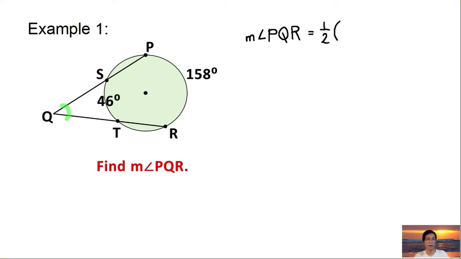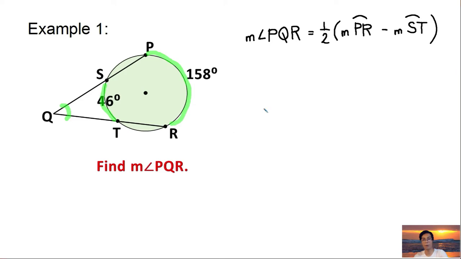So, ano ba yung mga intercepted arcs ni angle PQR dito? Ang intercepted arcs niya, si PR at saka si ST. So, yun po yung pagmaminusin natin. So, 1/2 times the quantity, measure of arc PR minus the measure of arc ST. This will be our formula.